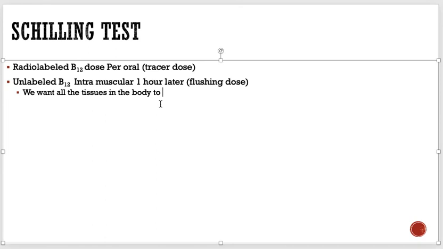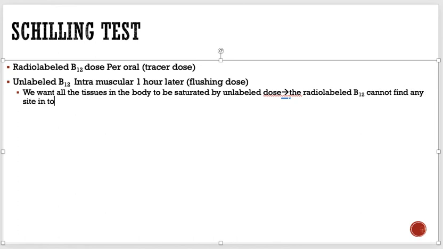We want all the tissues in the body to be saturated by the unlabeled flushing dose, so that the radio labeled B12 cannot find any site in the body to bind.